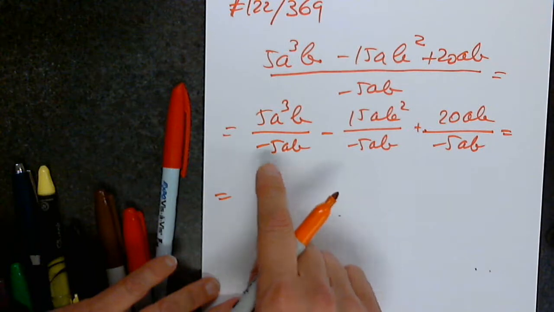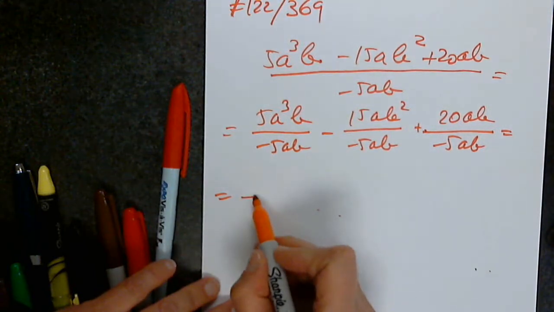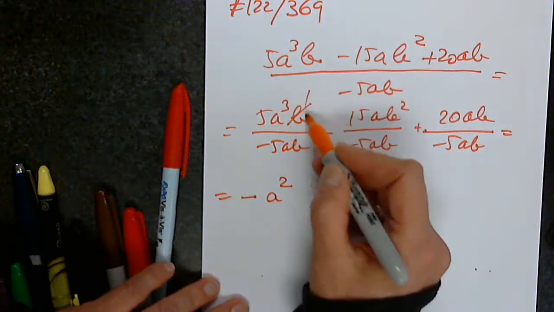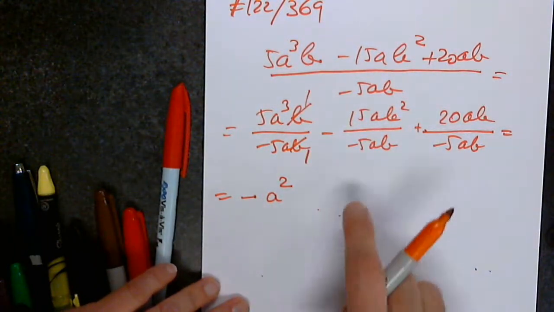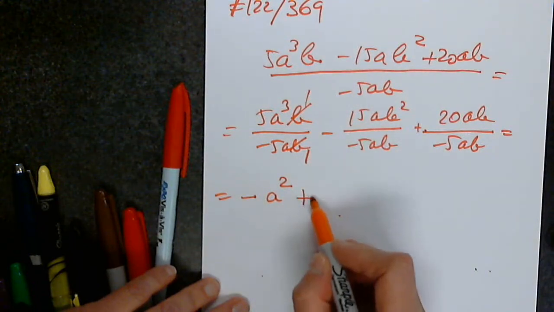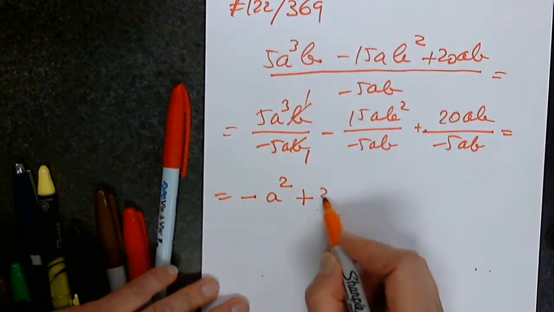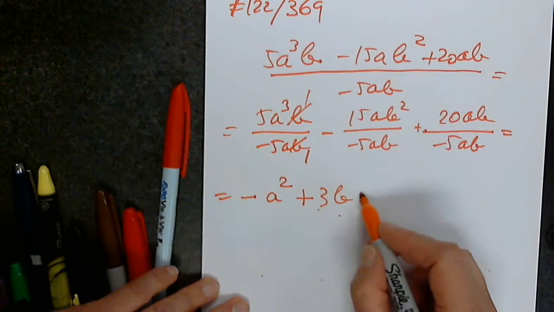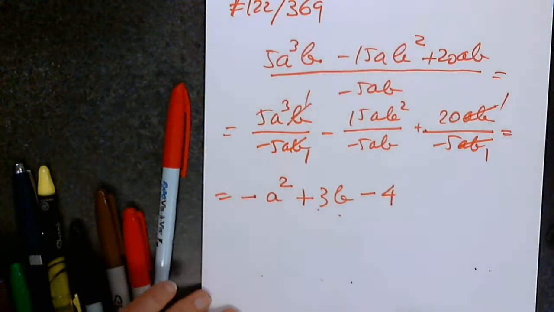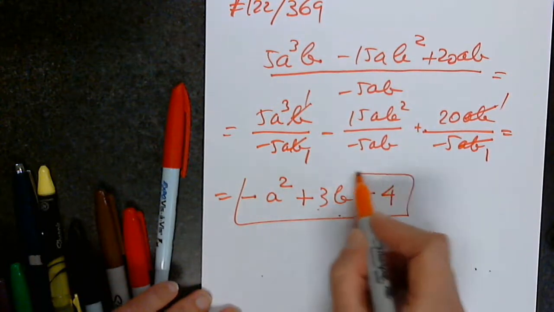First term, or first fraction, negative. That's it. B and B are gone. So 15 over negative 5 is negative 3 with minus in front is positive 3b, I agree. And then negative 4, and these two go away. So this is it.